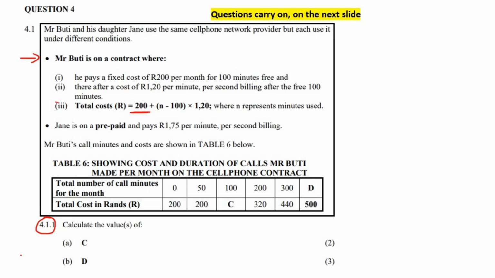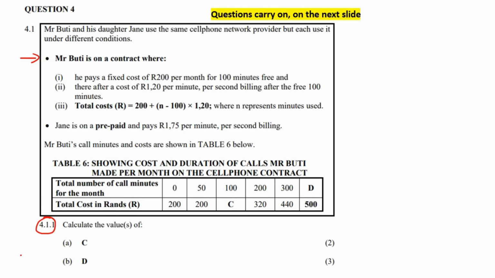And so that's just a little formula that they're giving us to calculate what his total cost would be. Jane is on a prepaid, so she doesn't have a contract, so she doesn't pay like a 200 Rand per month. She just pays 1 Rand 75 per minute. That's it. Hers is very easy and simple. So let's have a look.